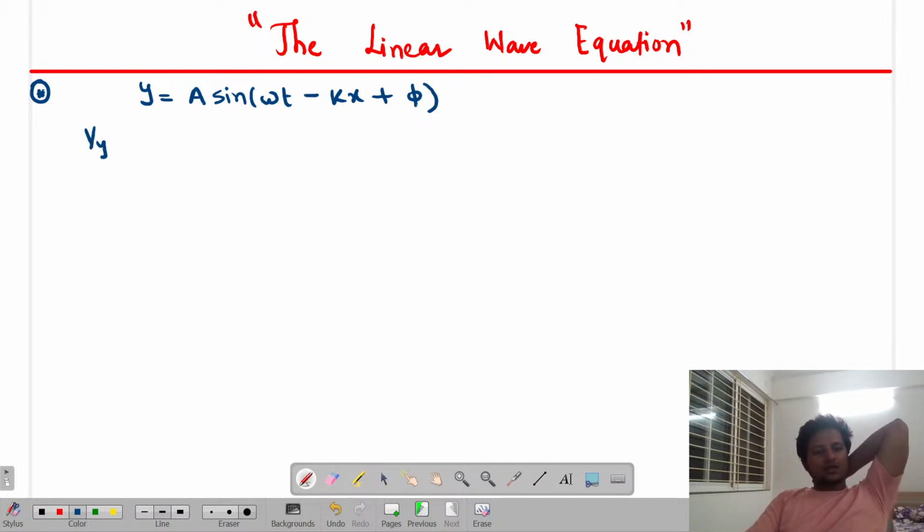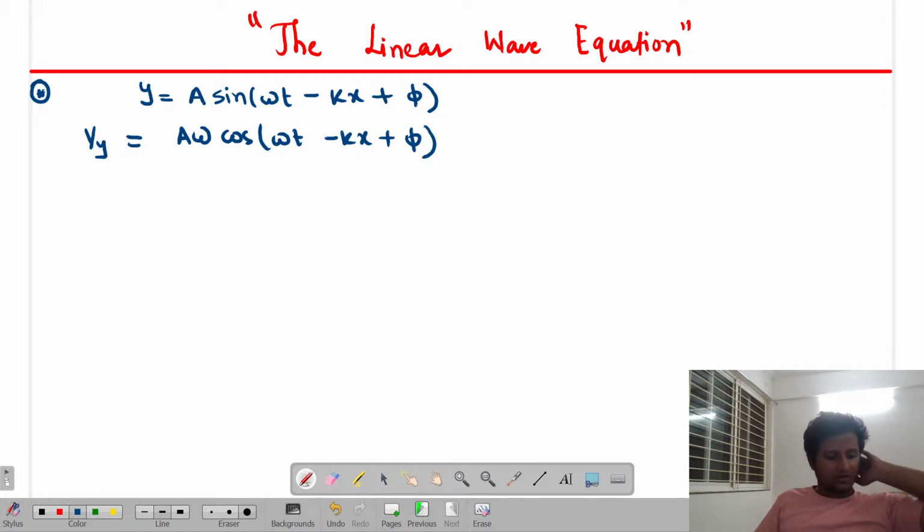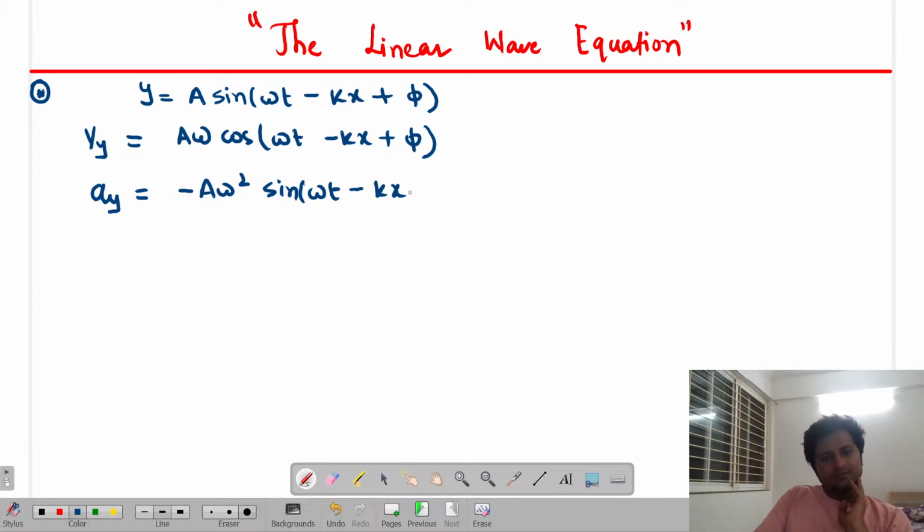Then velocity along the y direction with respect to time t is given as A omega cos omega t minus kx plus phi. That's my velocity. If you find the acceleration, it is minus A omega square sine omega t minus kx plus phi. These all are my different equations over here.